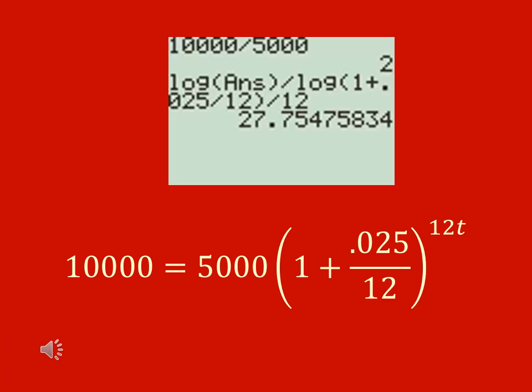And working it out, we start by dividing 10,000 divided by 5,000, which is just 2. We're going to do the log of that 2 divided by the log of the parentheses. And finally, we divide by 12. This time our answer is about 27 3/4.